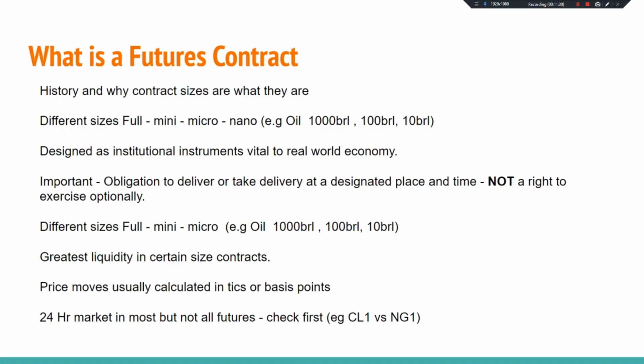Within a futures contract, you're obligated to deliver. And if you don't deliver, you're in breach of contract, or you're obligated to take delivery at the time and place designated within the futures contract, and if you don't, you're also in breach of contract. So it's a really important distinction.